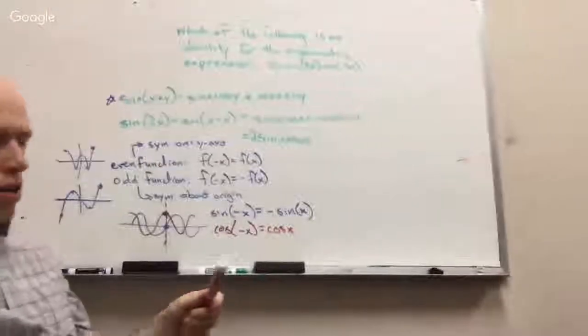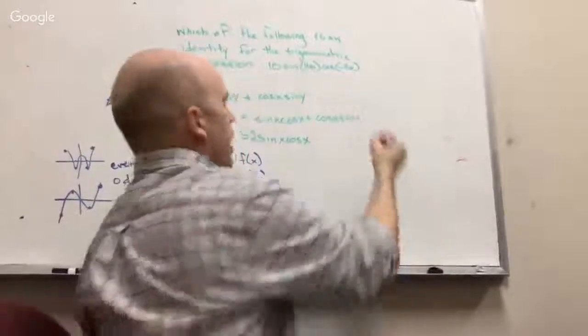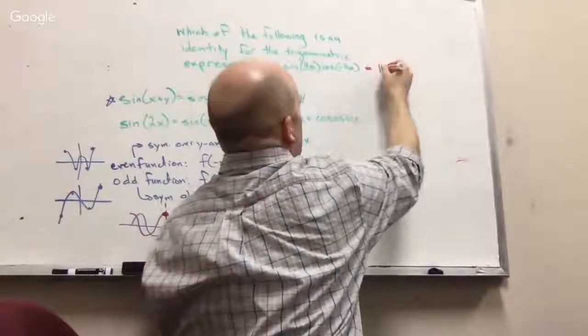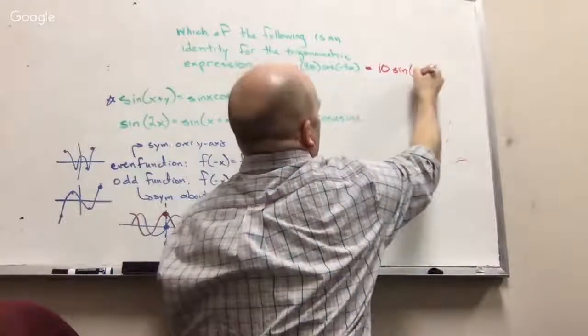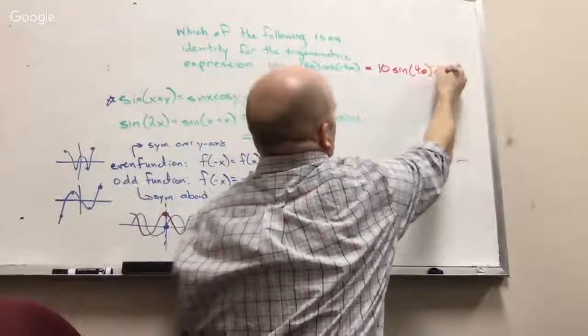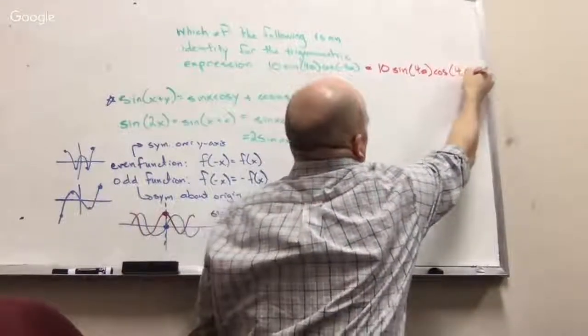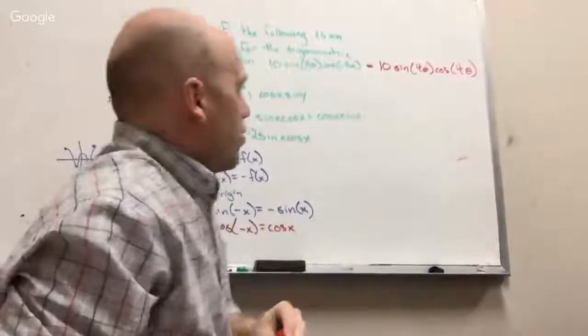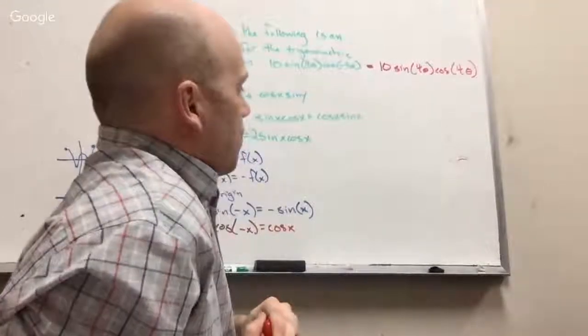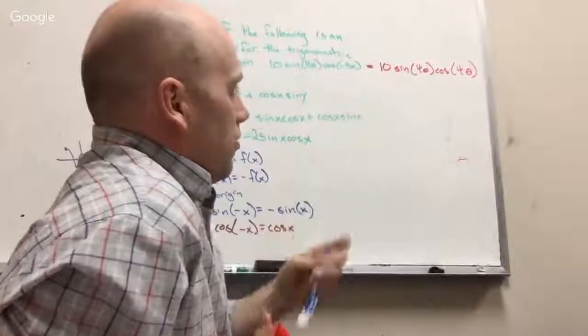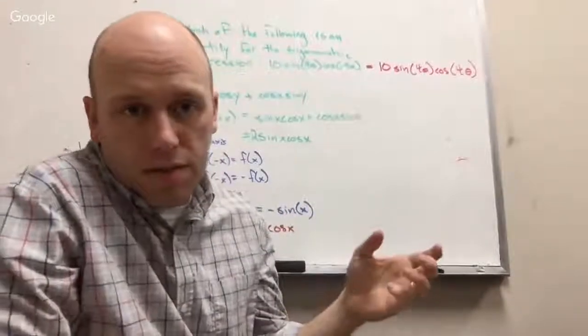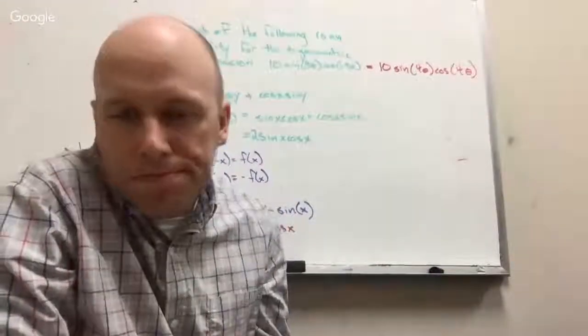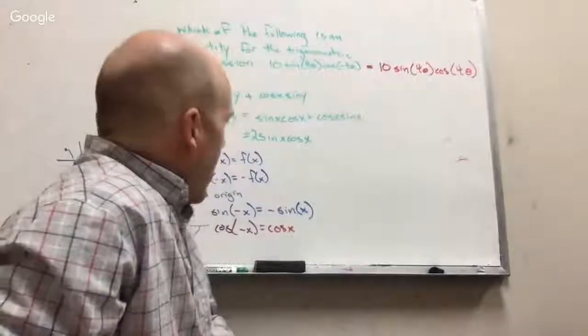Okay. So that tells me this guy up here I can rewrite as 10 sine of 4 theta cosine of 4 theta, because cosine's an even function. Yeah, it's going to turn positive. Exactly.